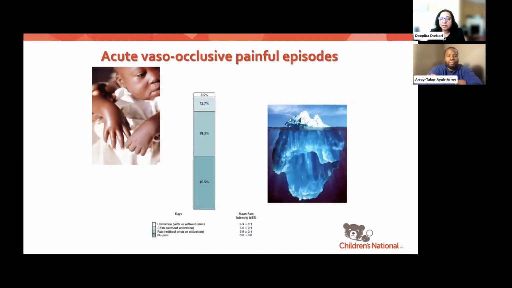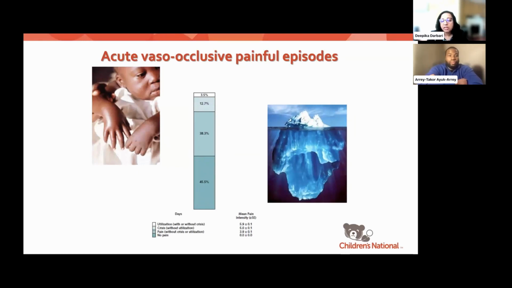So pain starts very early, and many of our individuals who are listening in today may remember or may have seen that pain starts as early as 6 months of age, as you can see in this picture on the left side, where the baby's hand is swollen and he's experiencing acute pain in that area.